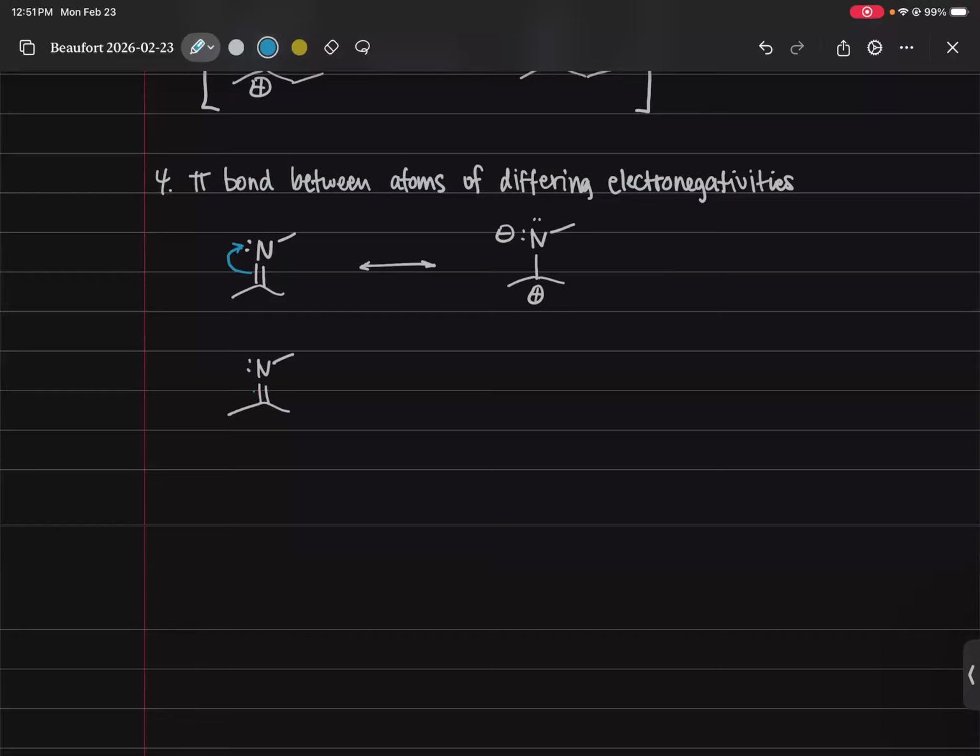Or we could go down and put the lone pair on the carbon. And so that would look like that.